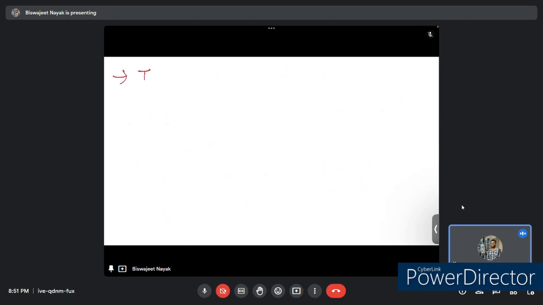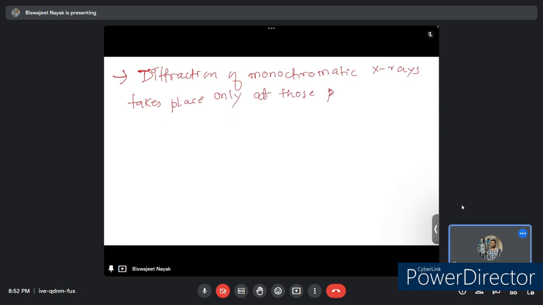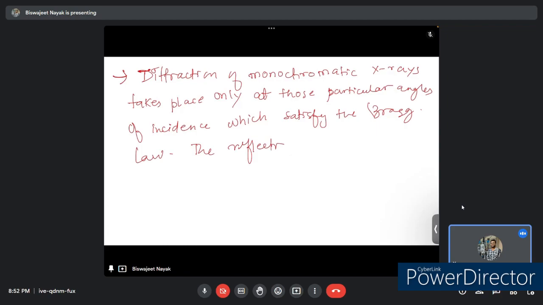The diffraction of monochromatic X-rays takes place only at those particular angles of incidence which satisfy Bragg's law, but the reflection of visible light can take place at any angle of incidence.